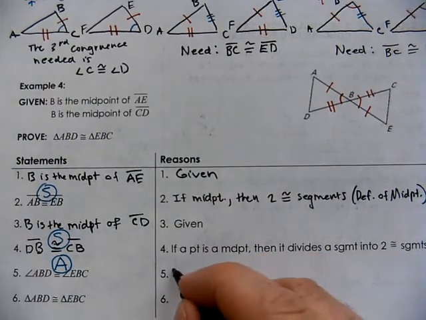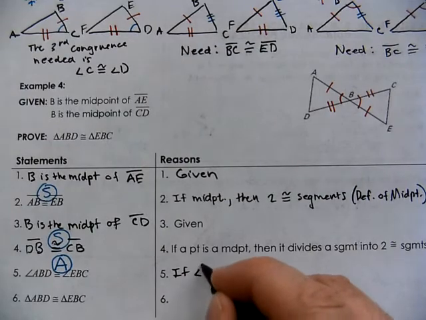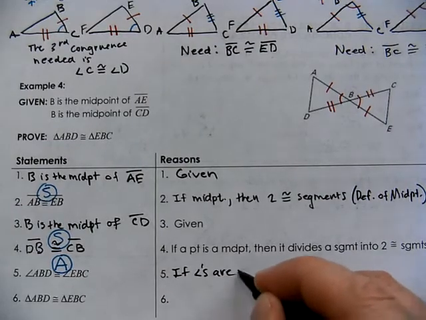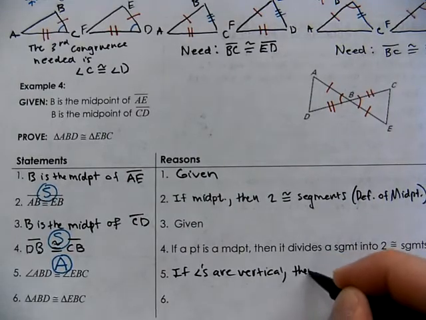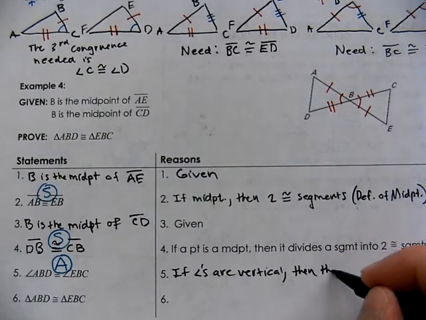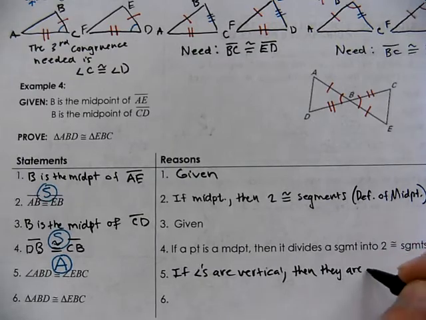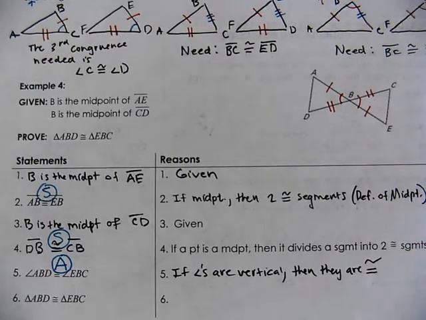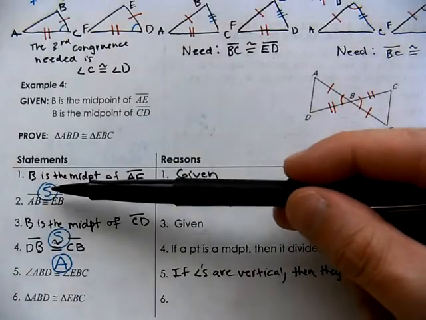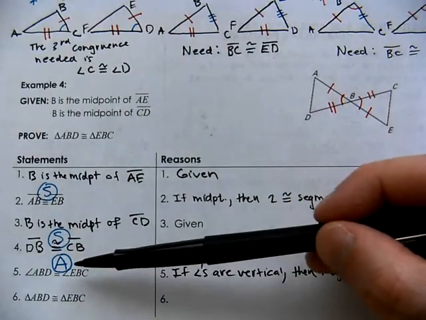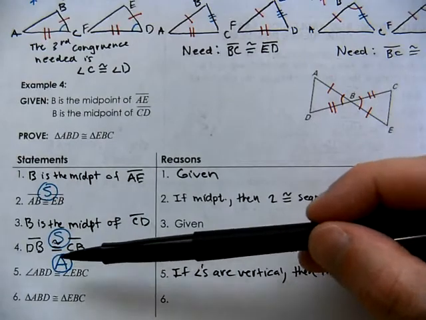So if angles are vertical, then they are congruent. That's the vertical angles congruence theorem. Alright, now, once you have 3 pairs of congruent parts, that's when you know the proof is done.